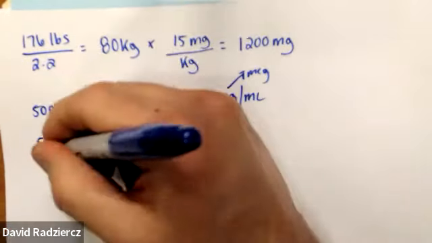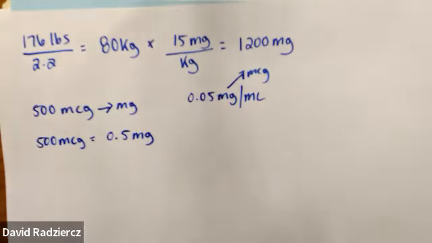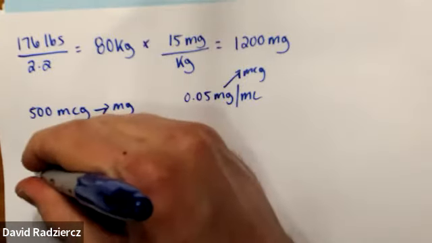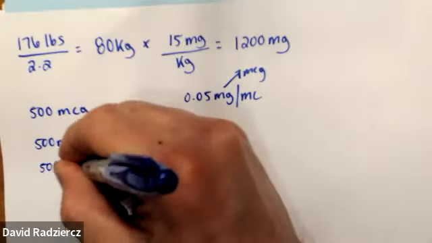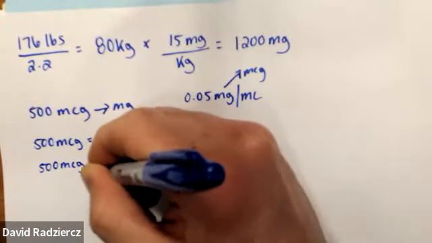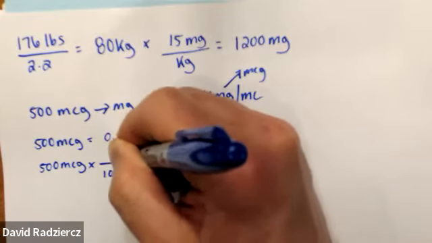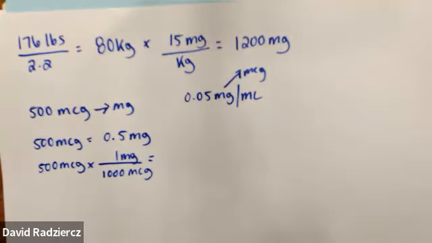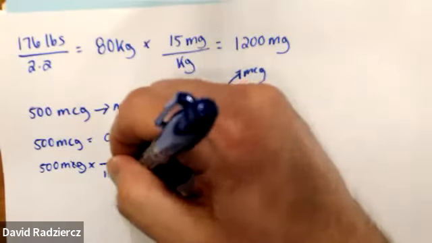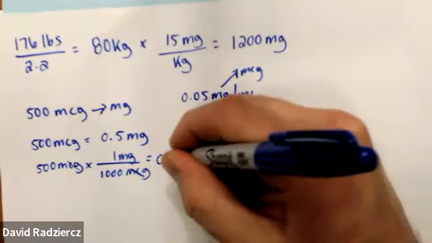What I did is I just moved my decimal 3 to the left. If you're not sure about that, just remember you have a conversion of 1,000 micrograms per milligram.